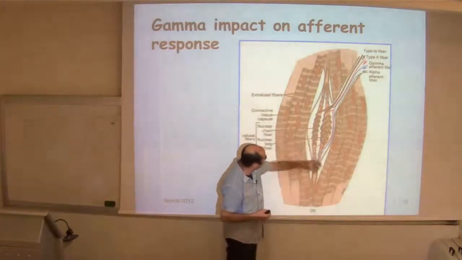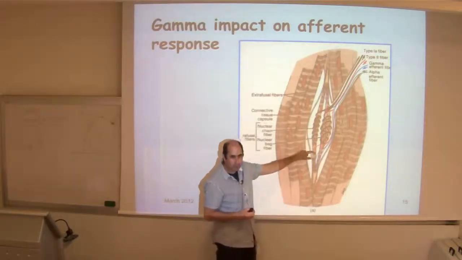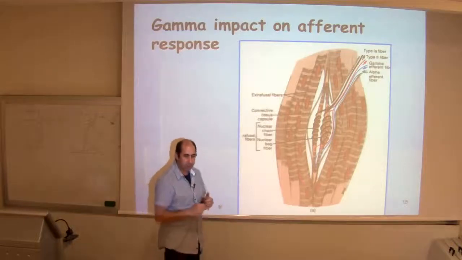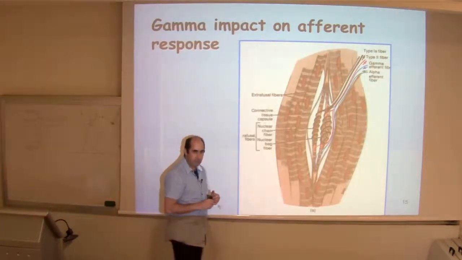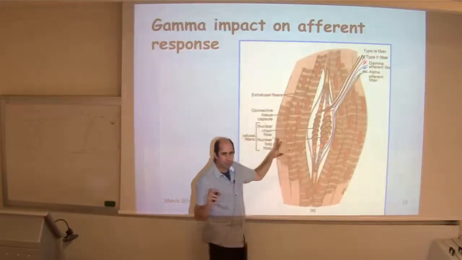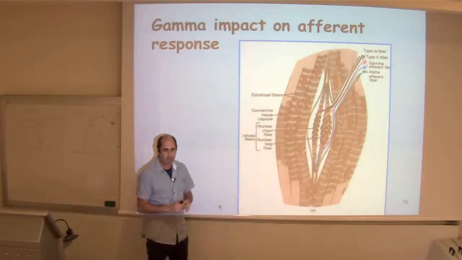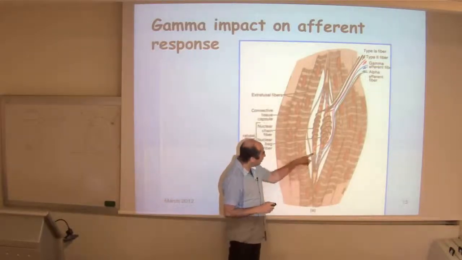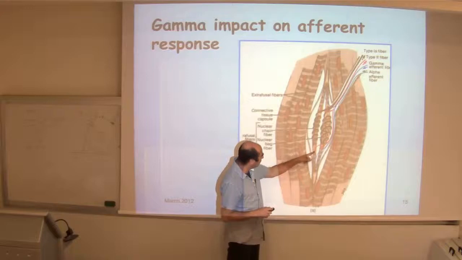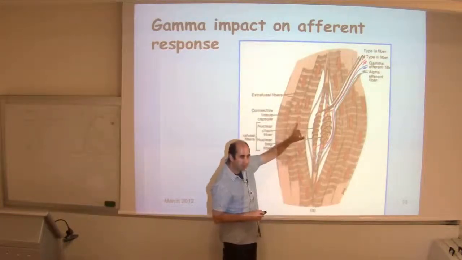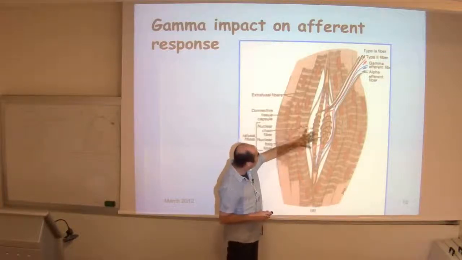The whole thing is stretched, and then the alpha fiber is stretched, and there is an increase in the firing rate of the alpha fiber. Now assume that the muscle is at rest. It's just sitting there, nothing happens. And now instead of stretching the muscle, we are activating the gamma motor neurons. The gamma motor neurons are on the two sides of the fiber.